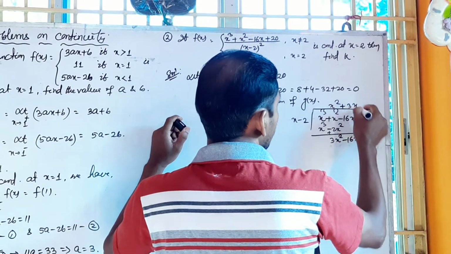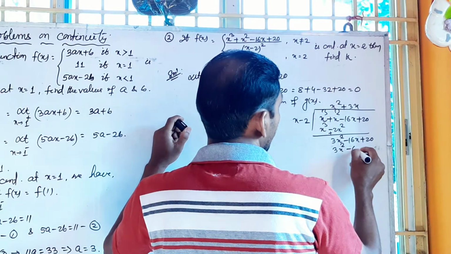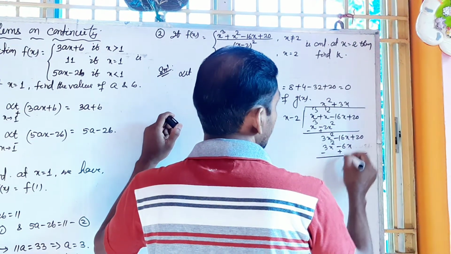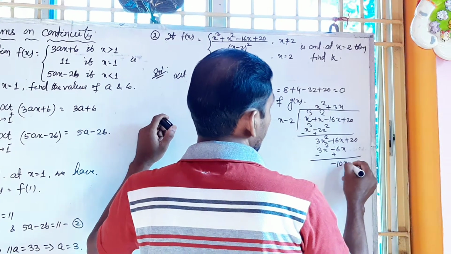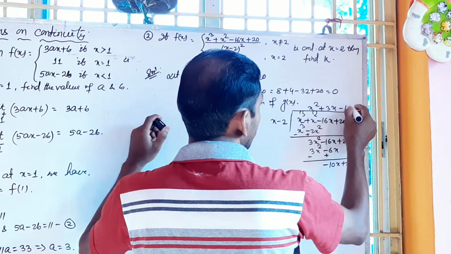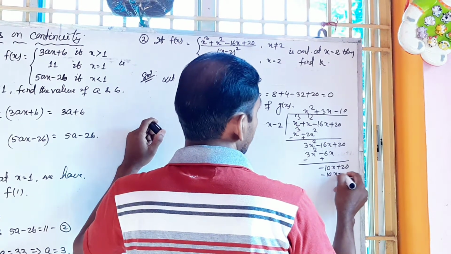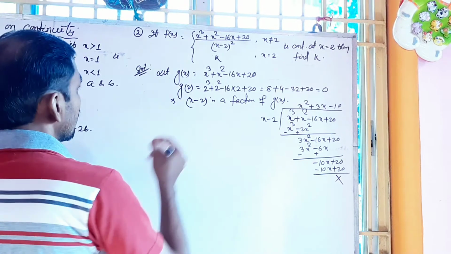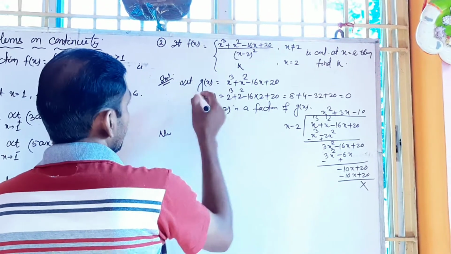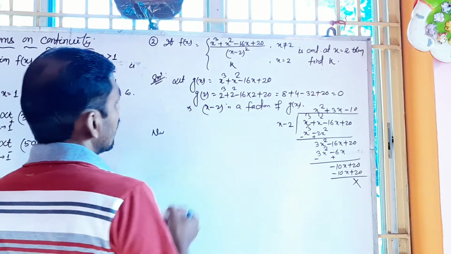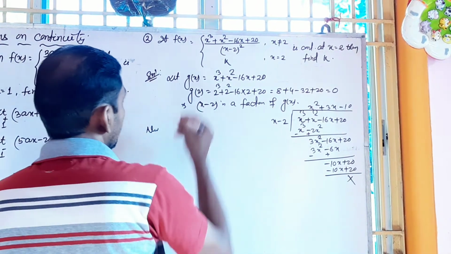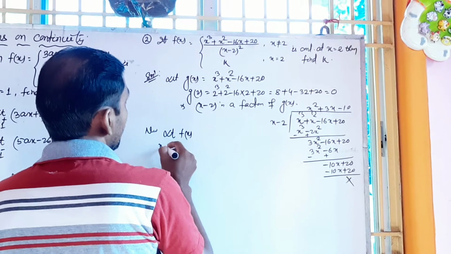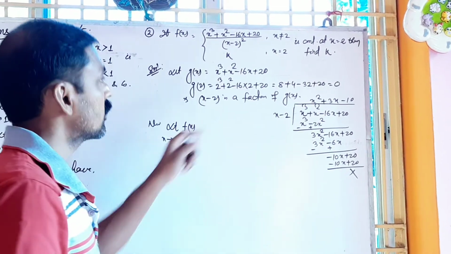Then plus 3x, so 3x square minus 6x, it is negative, it is positive, so minus 10x plus 20, so minus 10, remainder is 0. So you can write it is limit of f of x as x tends to 2.